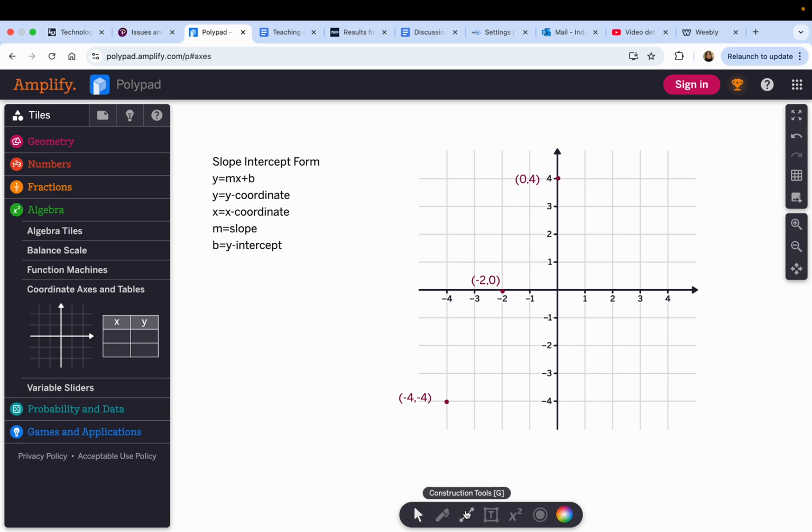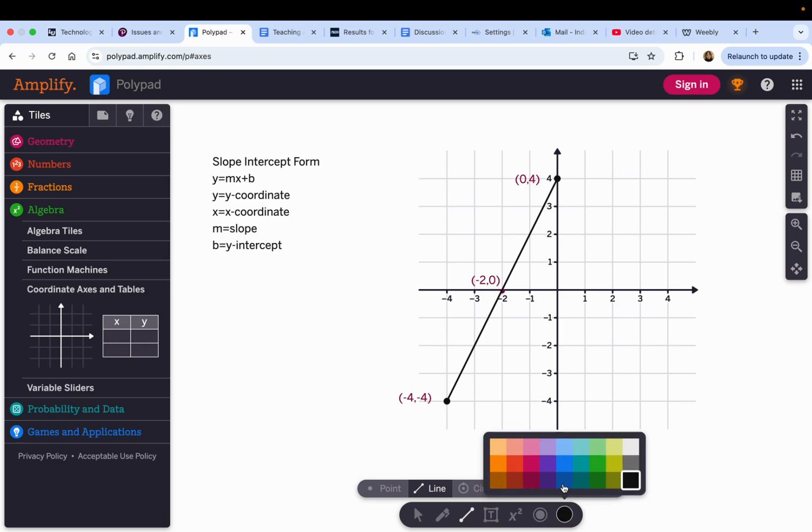Okay, we're then going to go ahead and move on to plotting our line. So there we have our line. We're now going to go ahead and find our slope.